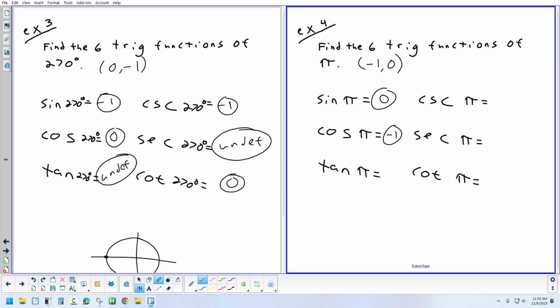And how about Jace, what's the tangent? What's y divided by x? 0. So it's 0 divided by -1.